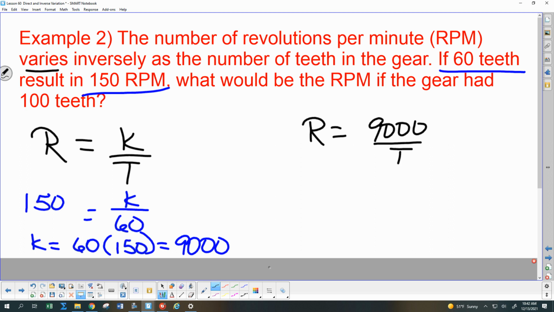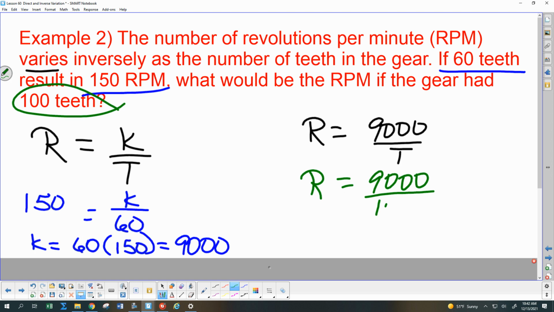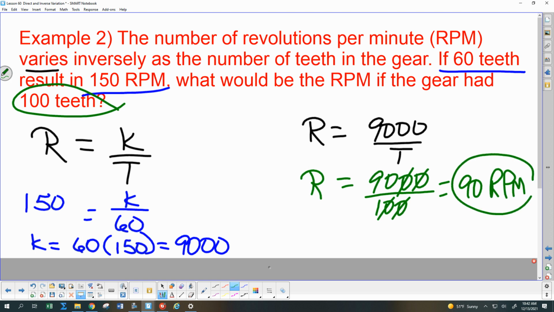So then we have our case 2 that we're really answering. Well, if there are 100 teeth, what does that mean for our revolutions per minute? So 9,000 over 100, cross out 2 zeros, and we have 90 RPMs. Thumbs up, thumbs down for that one.